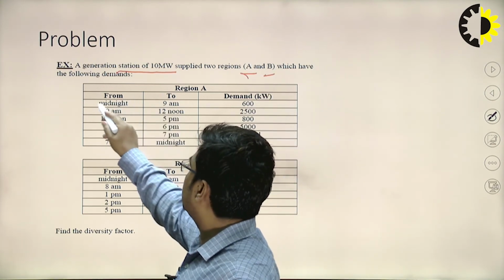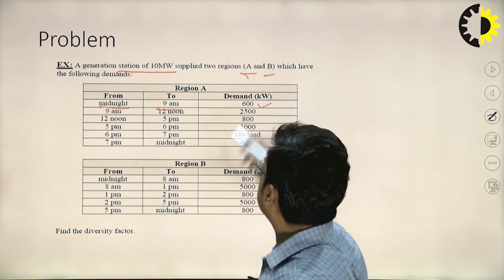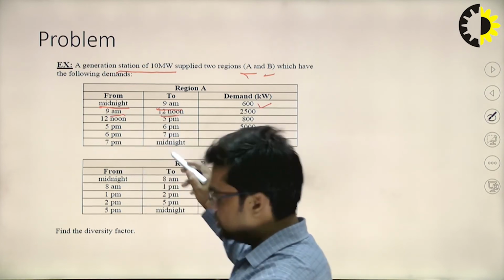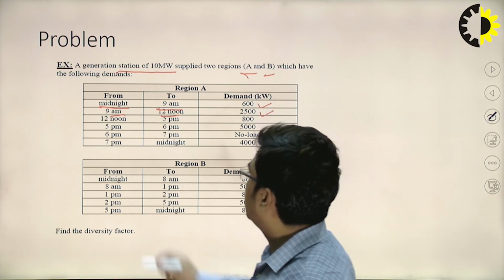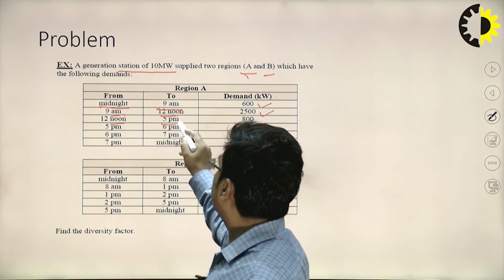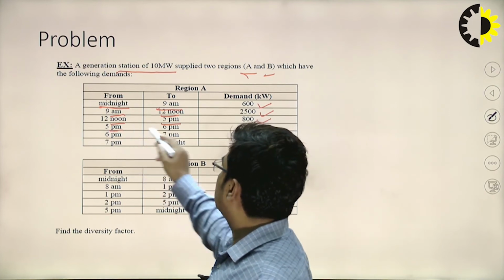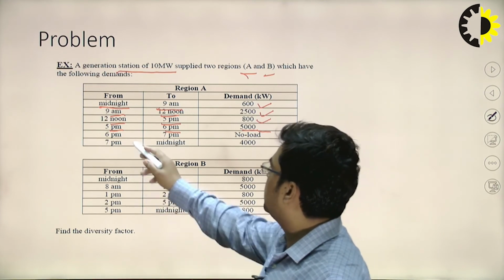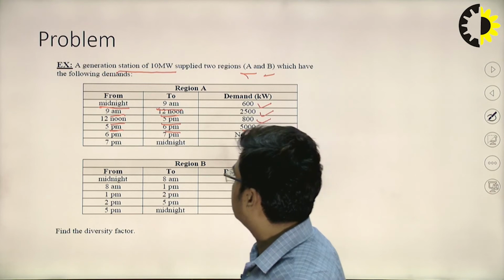For region A, from midnight to 9 AM the load is 600 kilowatt. From 9 AM to 12 noon, it is 2500 kilowatt. 12 noon to 5 PM, it is 800 kilowatt. 5 PM to 6 PM, 5000 kilowatt. 6 PM to 7 PM, there is no load.